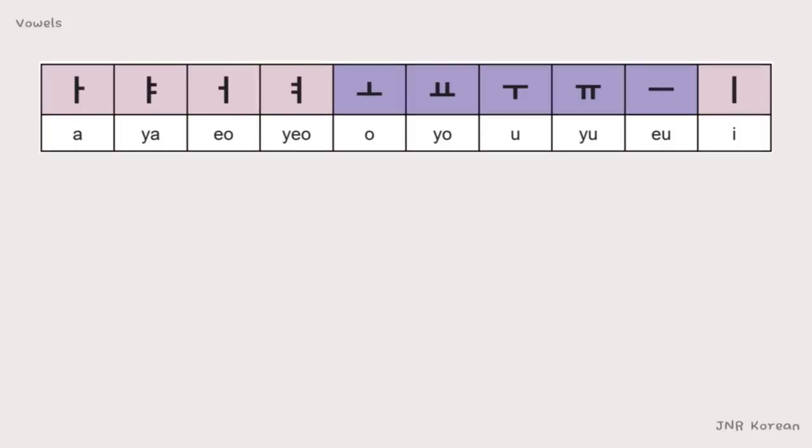In the table above, you can see vowels with long lines standing vertically in pink and vowels lying horizontally in purple. When combining consonants and vowels, vowels that stand vertically are combined from left to right, and vowels that lie horizontally are combined from top to bottom.